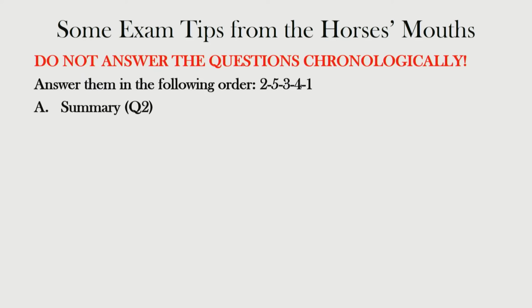So, honestly, I advise you to answer in this order. Notice I'm getting all tongue-twisted, possibly as a result of all the coffee I had this morning. Because the summary gives the highest marks, that's where to begin.